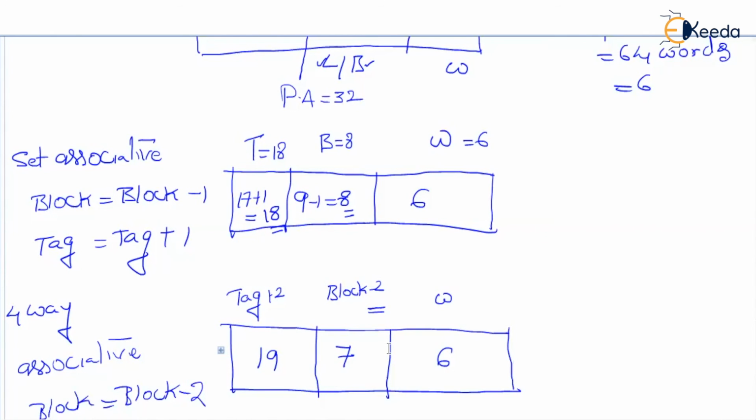This is how you are going to solve the problem. The logic of either direct mapping or set associative mapping is really very simple. When you get a question of this kind, you are sure to bag all the marks given for the question.